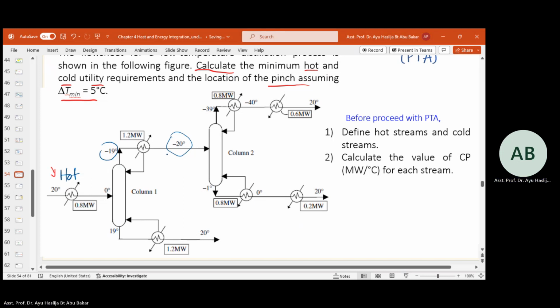Why hot? Not cold. Reduce temperature. Even though the temperature here is negative, the classification of this stream is hot because it reduced the temperature. -19 to -20, it's getting colder. So reduce temperature, this is also hot.